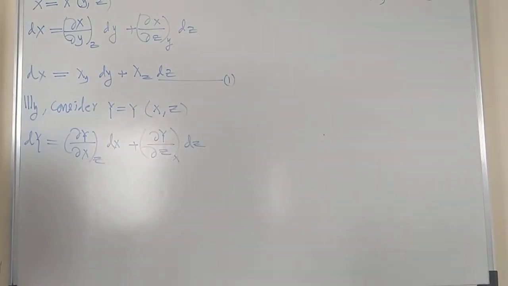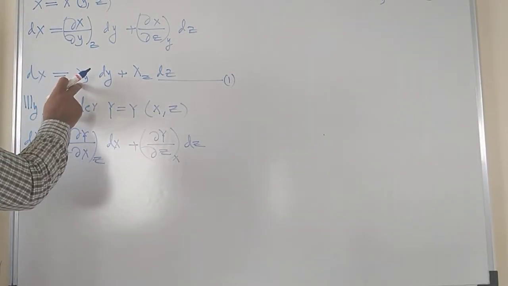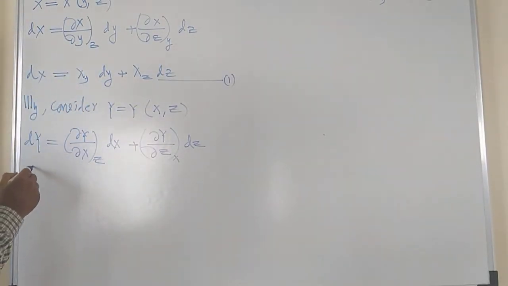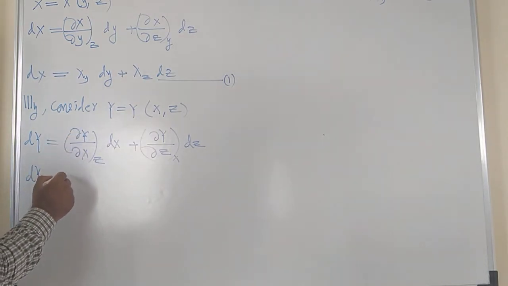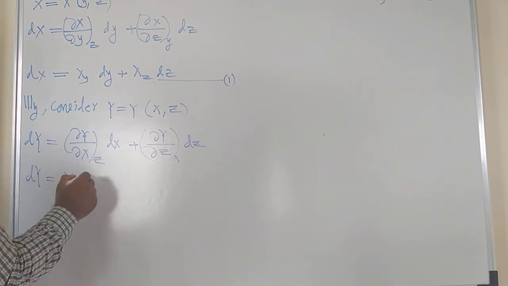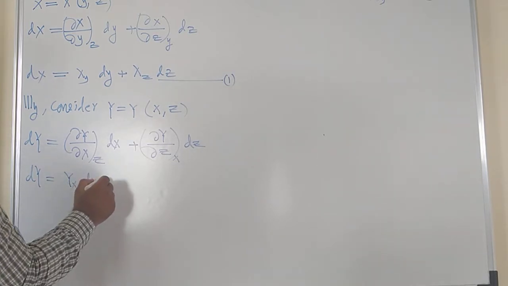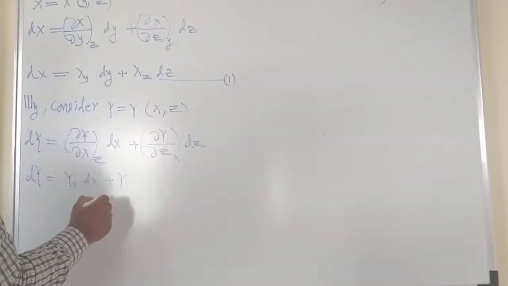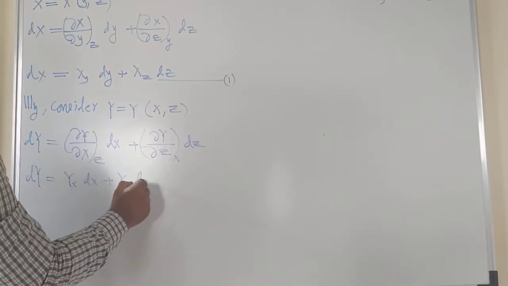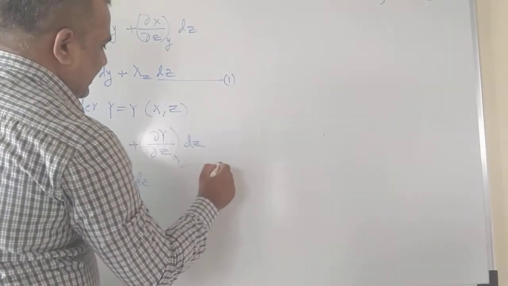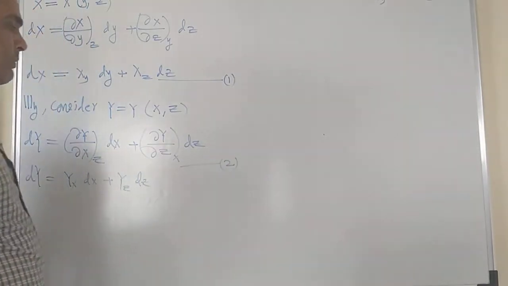Got it? The same function I can write in terms of partial differentiation as dy is equal to y suffix x into dx plus y suffix z into dz. So let us say this is our equation number 2.